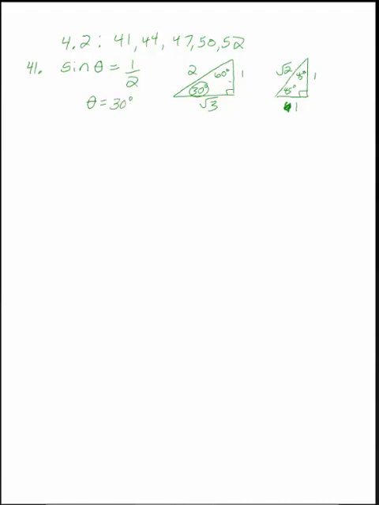But they wanted the answer in degrees and radians, so I had to convert theta to radians as well. So I have to multiply by pi over 180, and then reduce that, and I get pi over 6 radians. So notice if theta was 30 degrees or pi over 6 radians, that makes that a true equation.